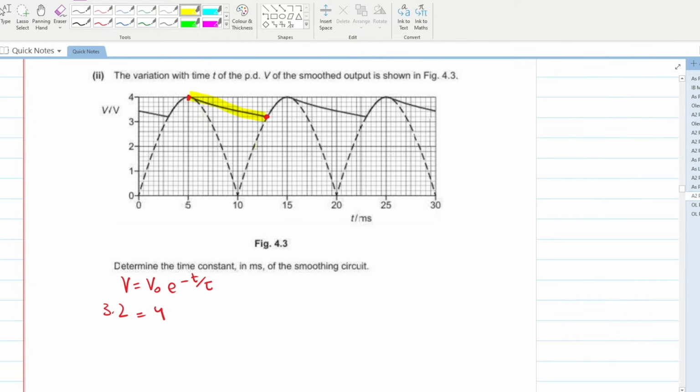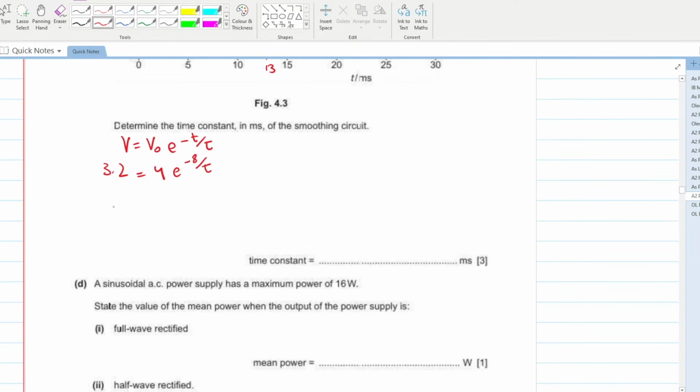How much time has elapsed? Let's calculate that. How many seconds is this here? This second is 13. You have started from 5 and ended at 13. How much time has elapsed? 8 seconds. So e to the minus 8 divided by tau. Let's now calculate tau. Ln of 3.2 divided by 4 is equal to minus 8 divided by tau.